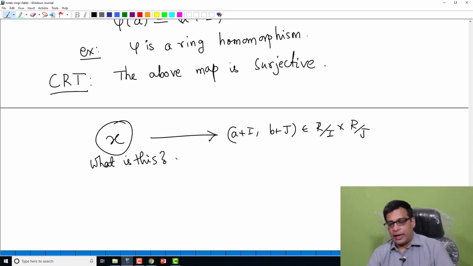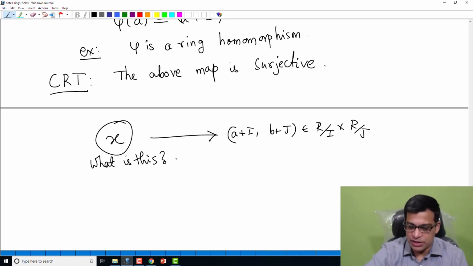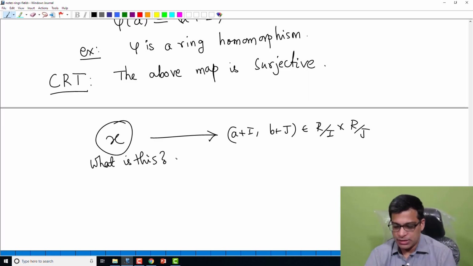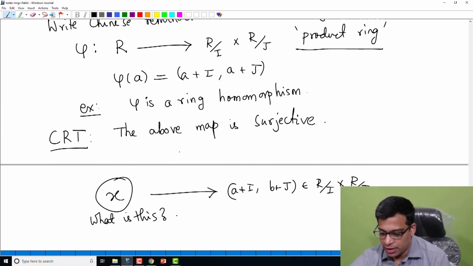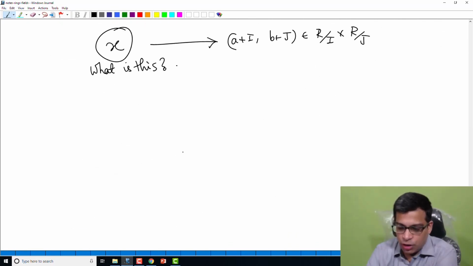In order for a map to be surjective, take any element in the range, the codomain ring, in this case R mod I cross R mod J. Every element is in the range. So A plus I comma B plus J must be an element in the image. That means it must come from some X. And the Chinese remainder theorem is telling you what that X is.